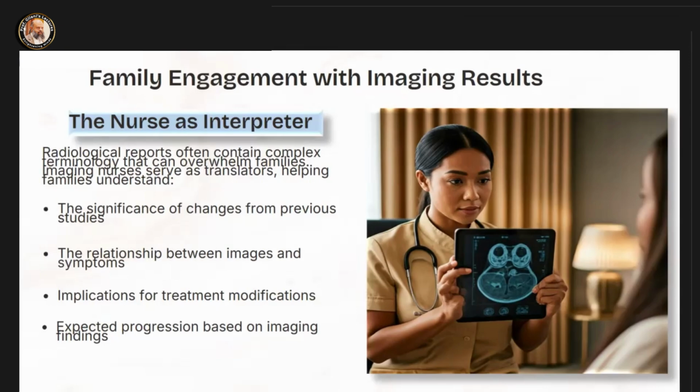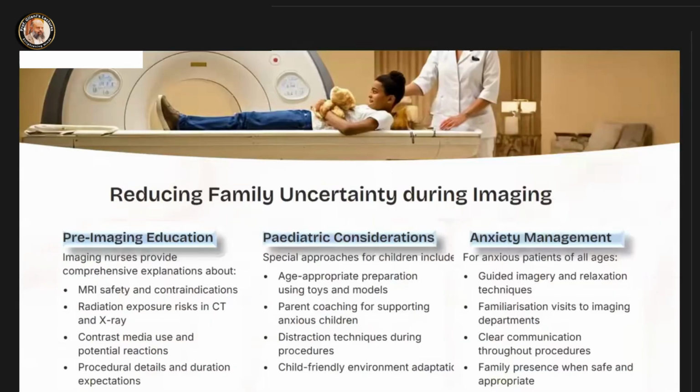So there are benefits of visual understanding when families comprehend imaging results. Then comes how we reduce family uncertainty about imaging, especially during the imaging.